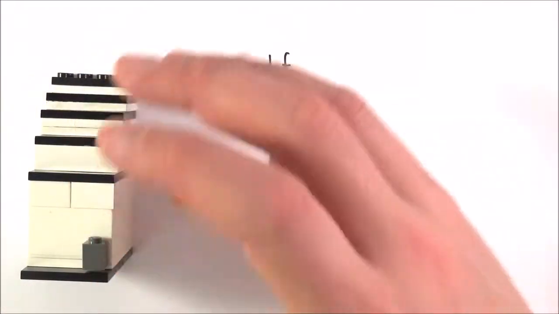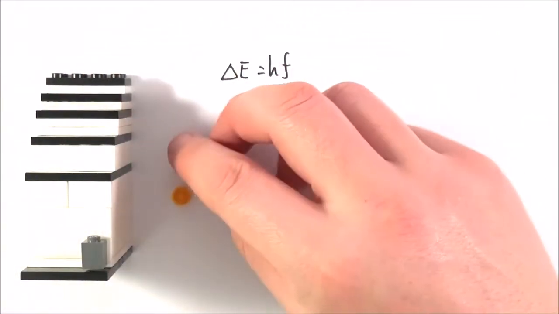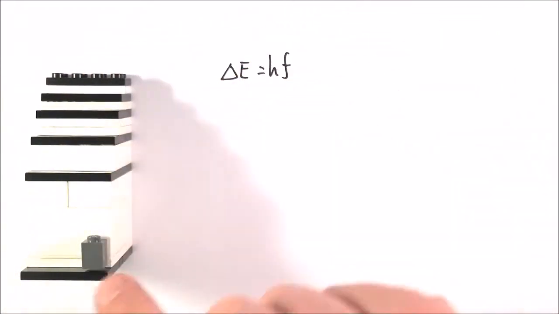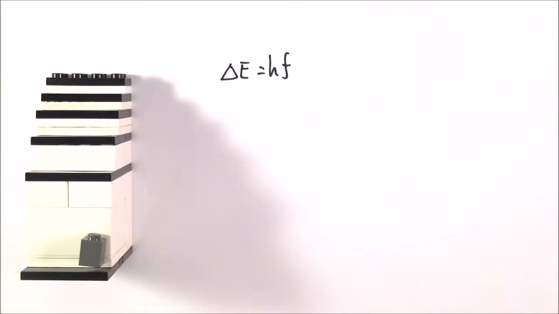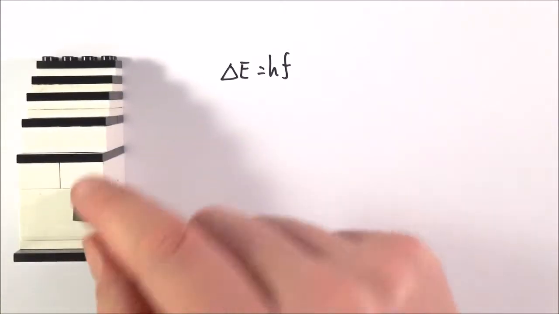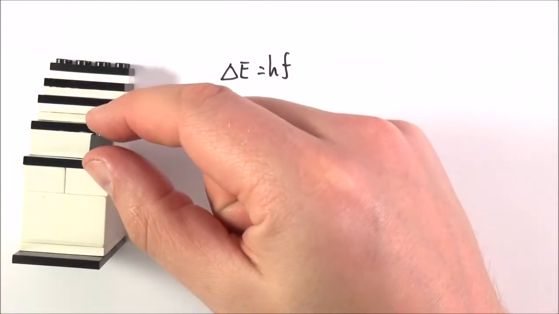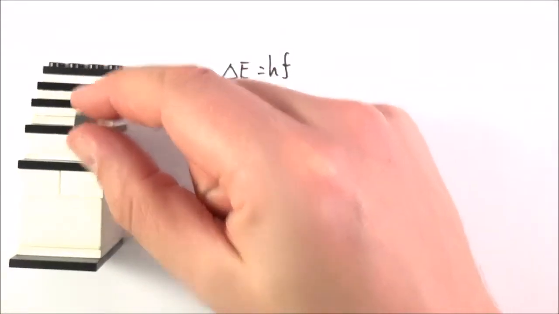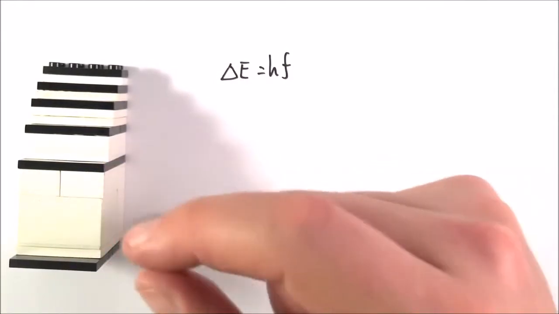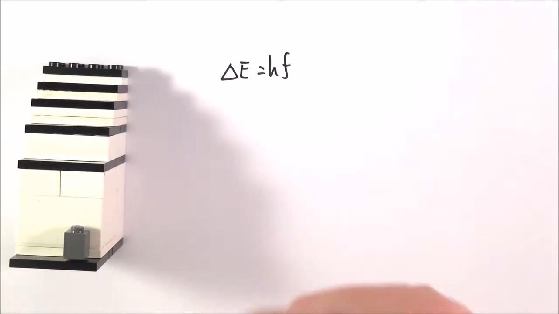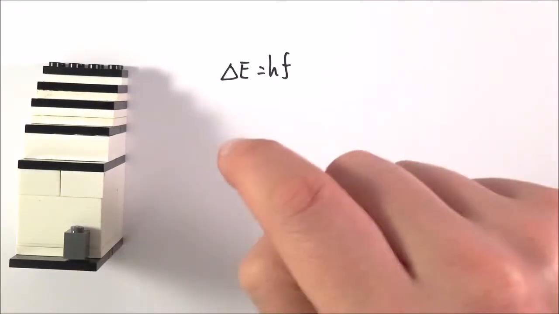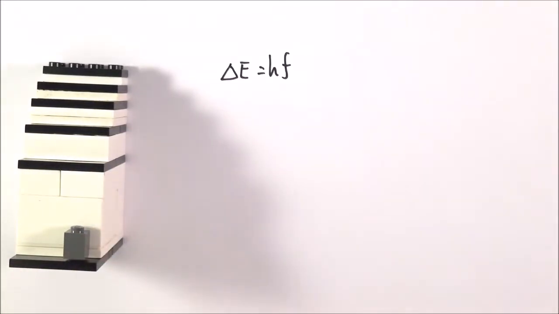When it comes to looking at the absorption line spectra, effectively, this electron here can only absorb certain quantities of energy. It can take in just this amount of energy to get to this level, just enough to get to this level, or to drop down by this level over here. And really, what we're talking about is any photons which don't have quite the right amount of energy just pass straight through this and are not absorbed.